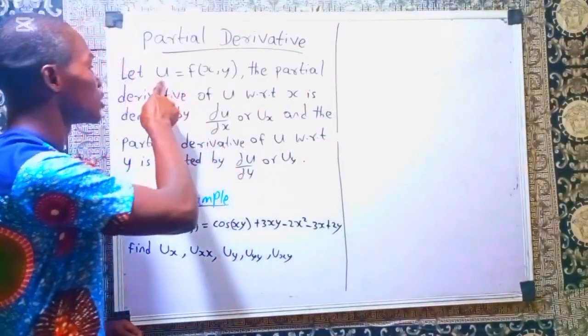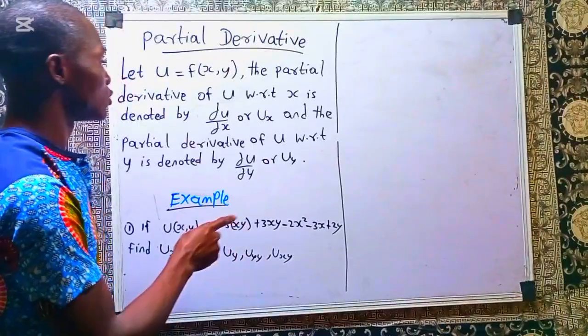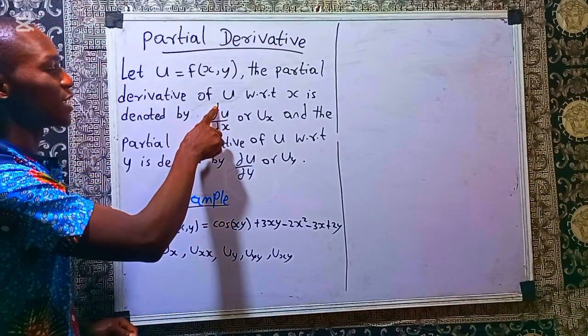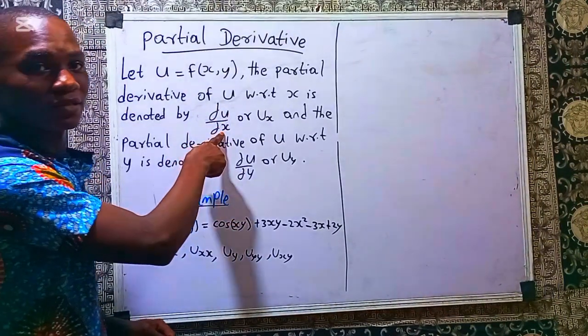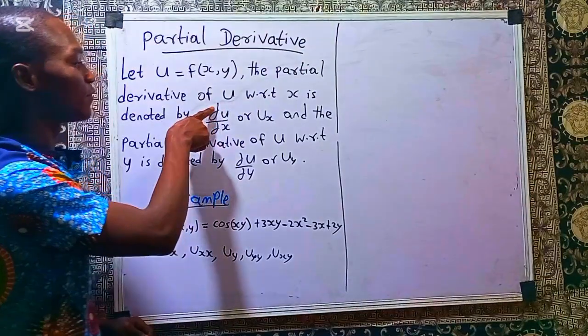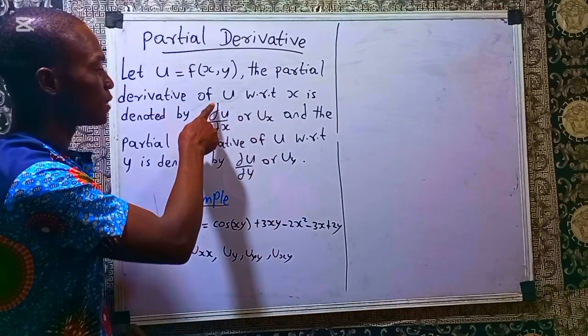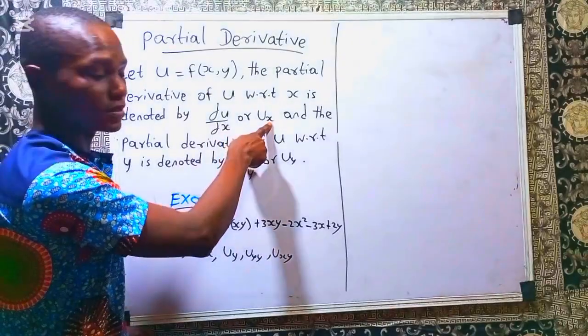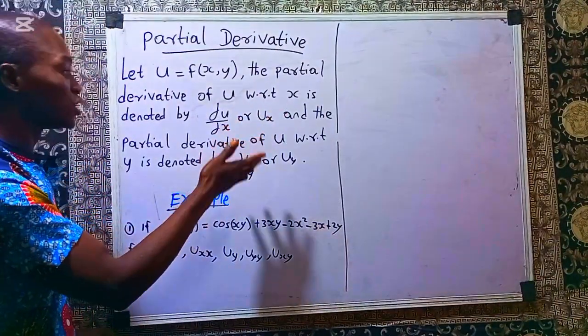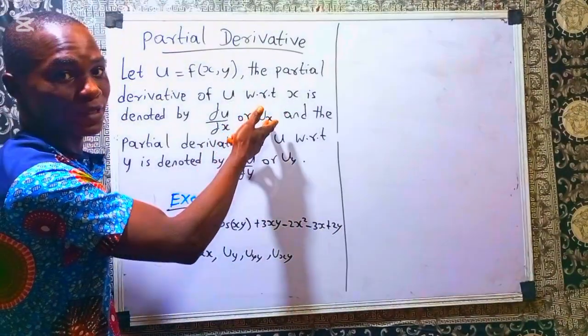Assuming that I want to differentiate u with respect to x, see the notation: partial u, partial x. That's the partial derivative of u with respect to x. You can denote it in short form like this, or u subscript x, which means differentiate u with respect to what?